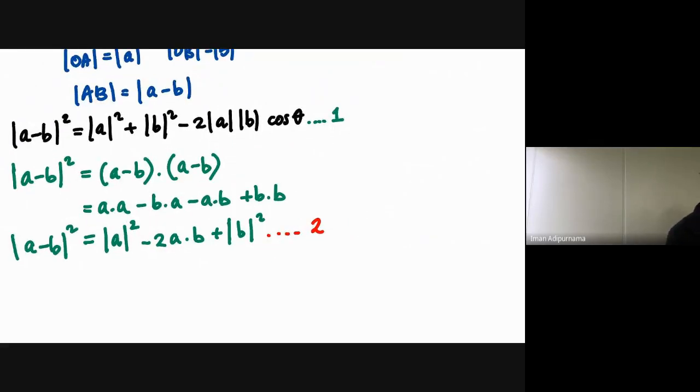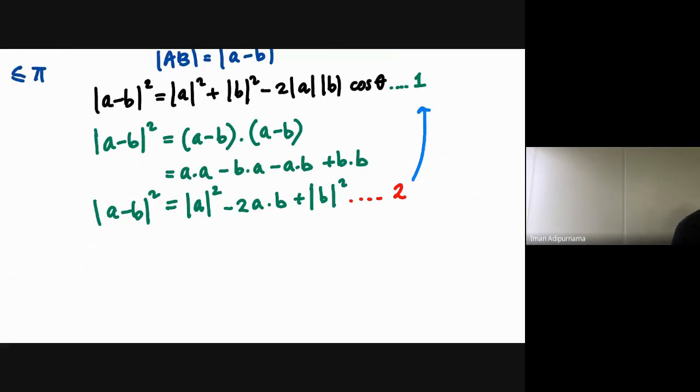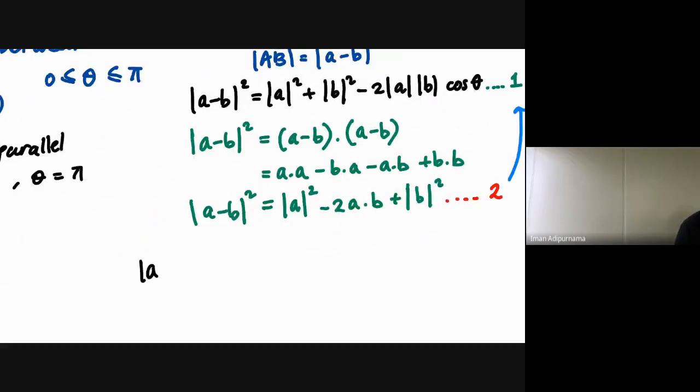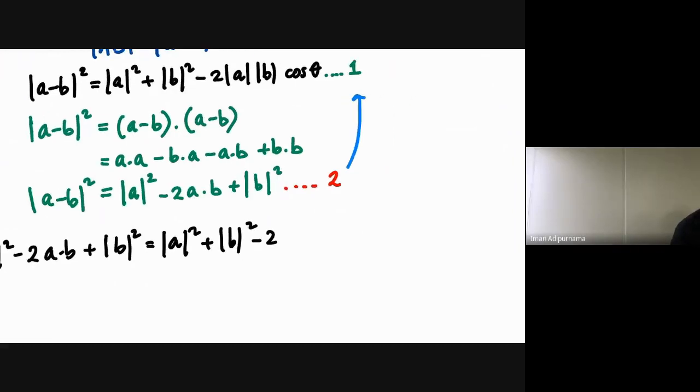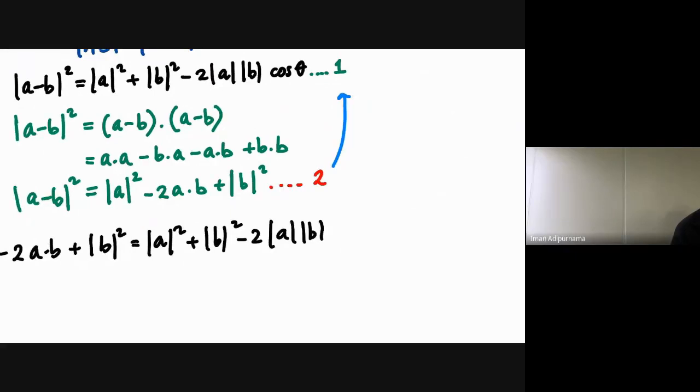Now we are putting this second equation into the first equation. So exchange all A minus B squared with A squared minus 2 A dot B plus the magnitude of B squared, and then A squared plus B squared minus 2 AB cosine theta.